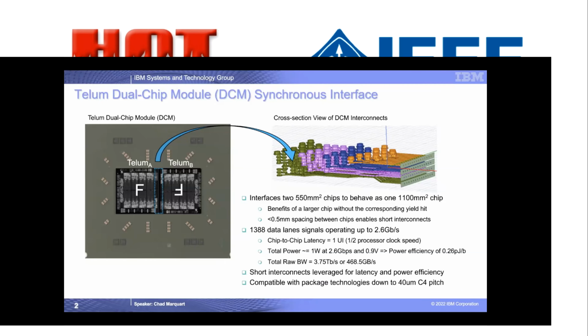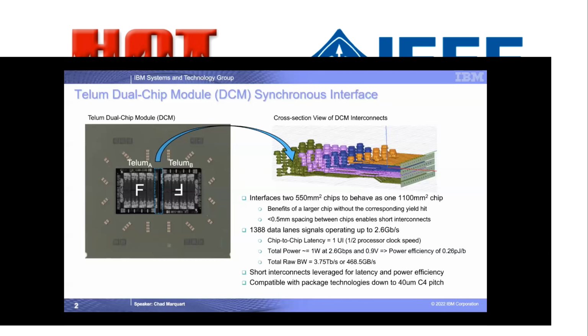This provides the benefits and processing power of a much larger chip without being constrained to the reticle size of the technology and the corresponding yield impact of trying to build such a massive chip.